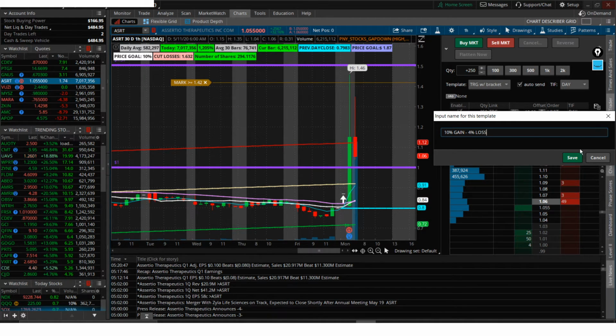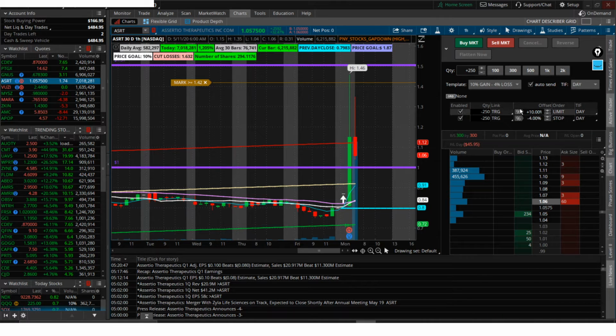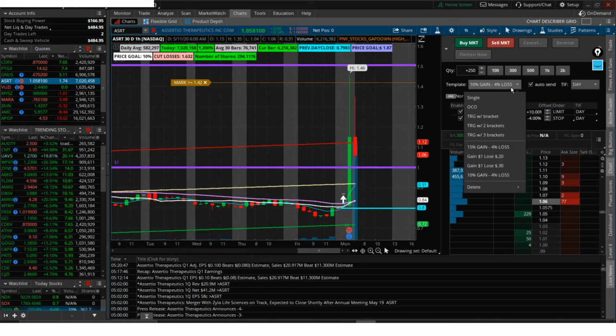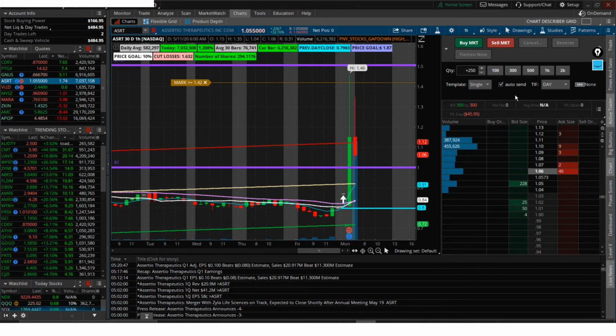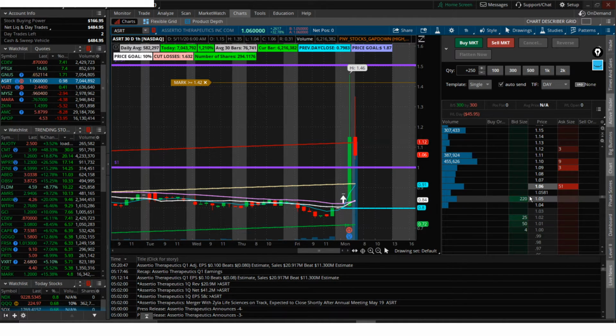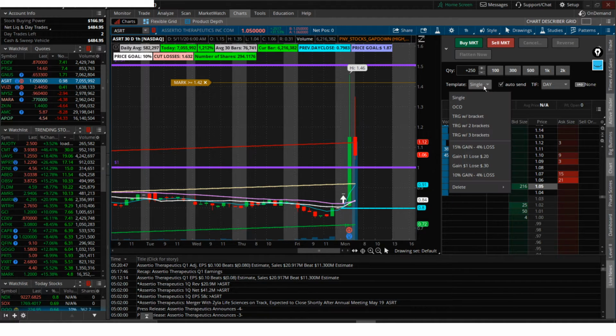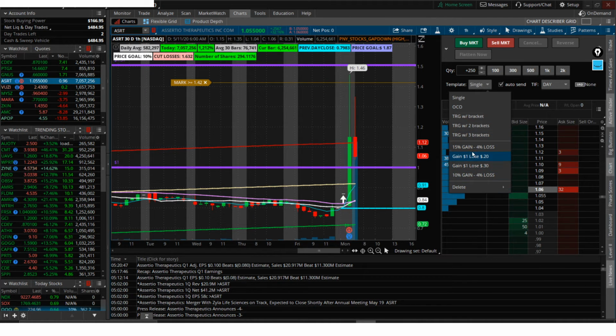Now the way I should have done it with ASRT, which I was stupid about, is I did a single order. What single order means is I just basically bought some shares, instead of doing it the smart way with my brackets.